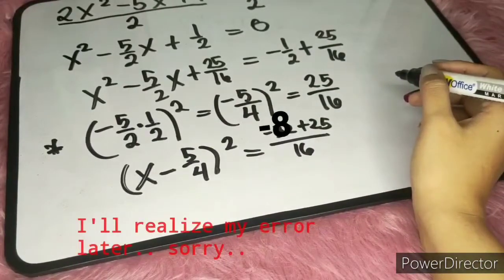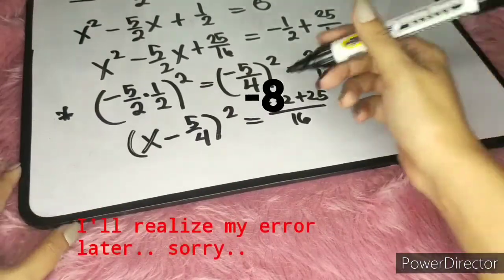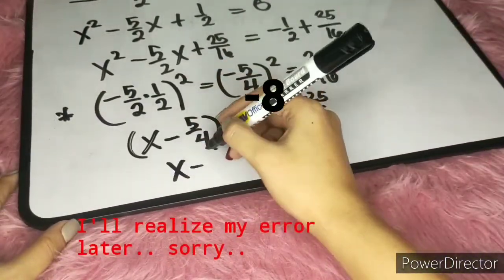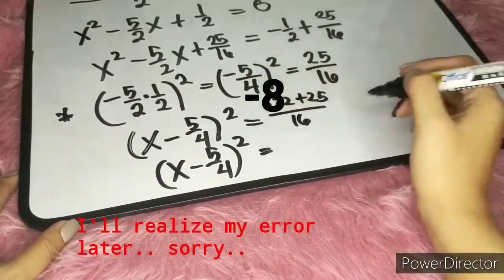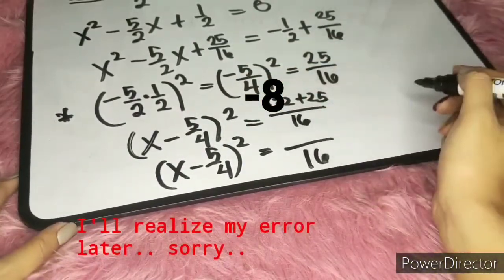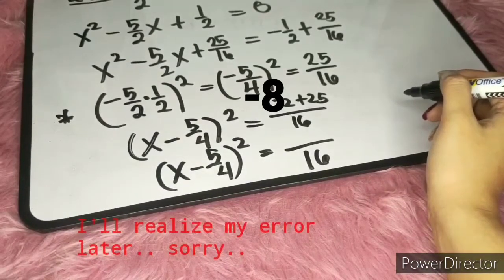Okay, so let me just compute this. It will be the square of x minus 5/4 equals, over 16.